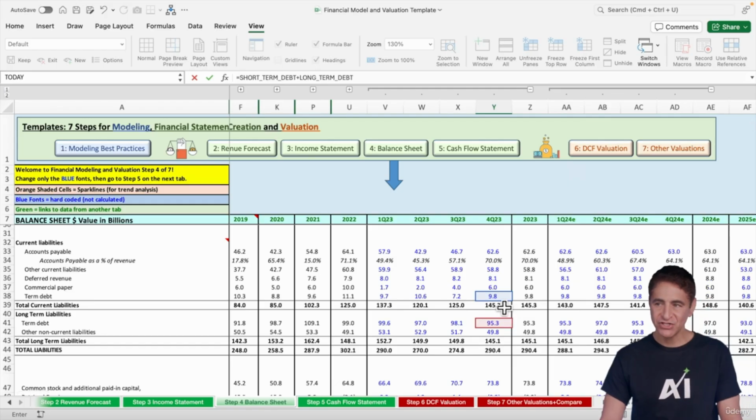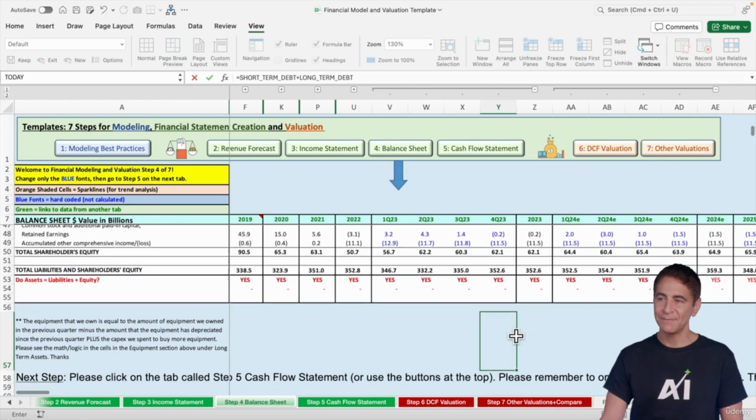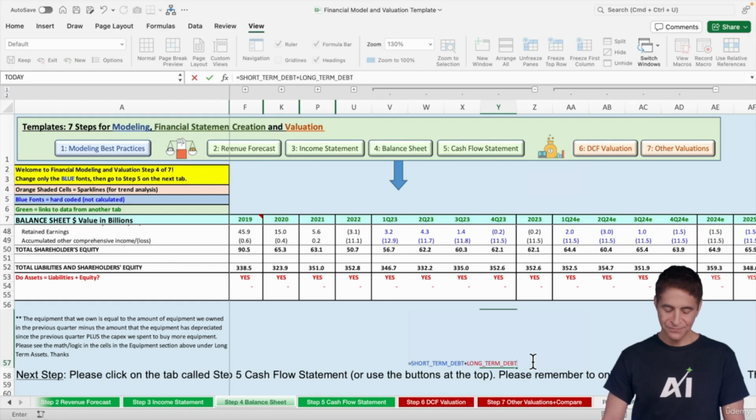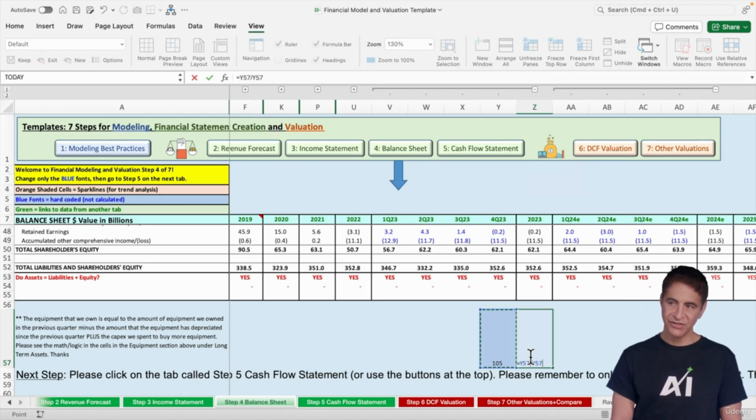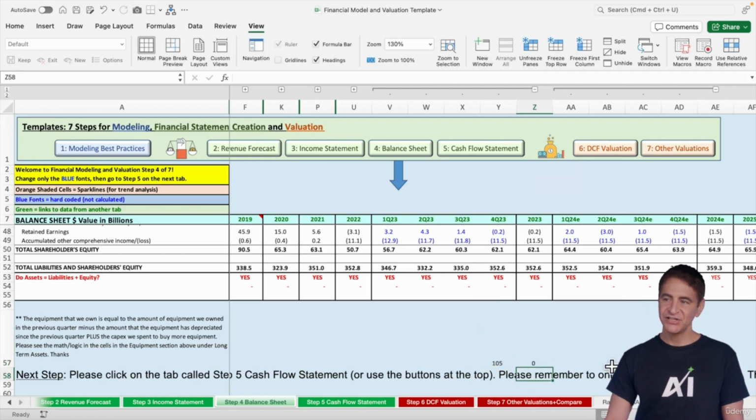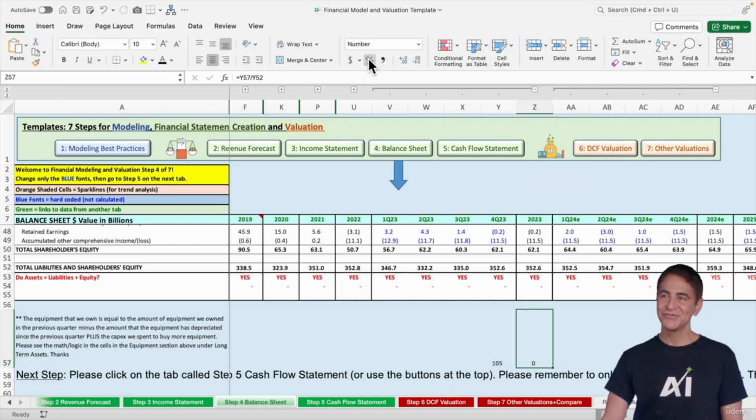So we took short-term debt plus long-term debt. That's $105 billion. Then we need to divide that by liabilities and equity. Again, this example is very simplistic, but I'll divide that here. And we see it's not zero. It's probably like 30% or so. Let's do it in percent. It's roughly 30%. Great.